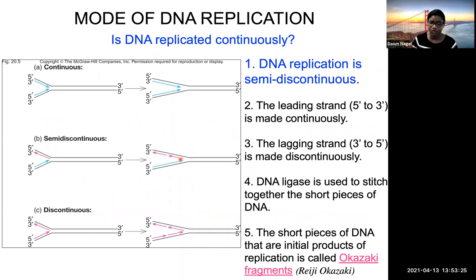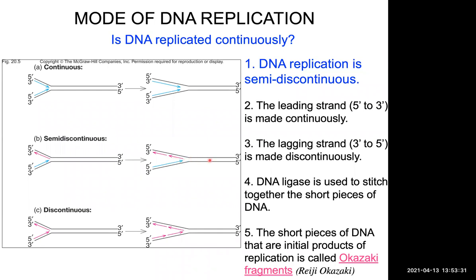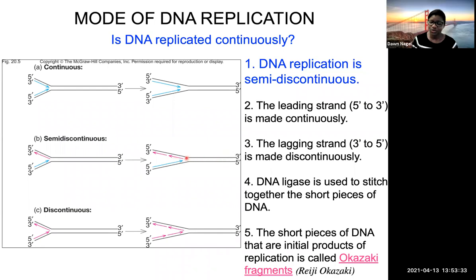So every time the fork opens, a primer gets added beforehand, synthesized, added, synthesized. So you have to have these pieces. And that's really important because of the way that DNA polymerase functions, and you need to replicate both strands of DNA. So for that part, you need to understand the polymerases, the different types of polymerases. Also understanding the fact that DNA replication is semi-conservative.